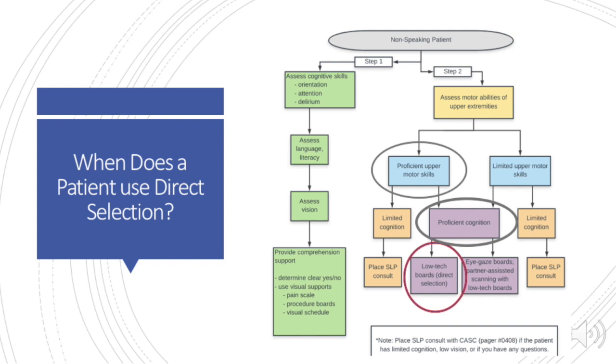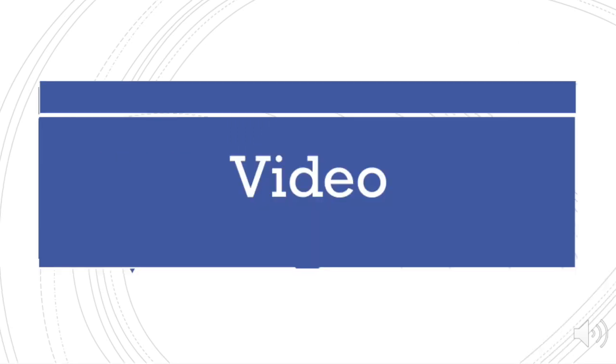If the patient has these proficient upper motor skills and proficient cognition, then we would consider them as a candidate for direct selection. Next, I'm going to show you a video of what direct selection looks like, and then we will further discuss how you can use direct selection with your patients.